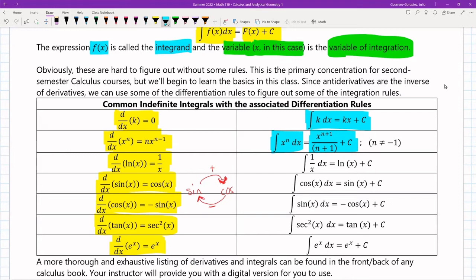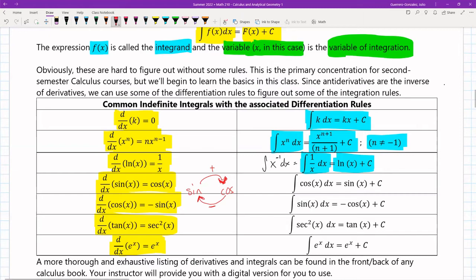Okay? The only exception in this case is going to be that n cannot equal -1. Okay, and the reason why it can't equal -1 is because of the rule below. If you recall, this is going to be the integral of x to the -1 dx, right?